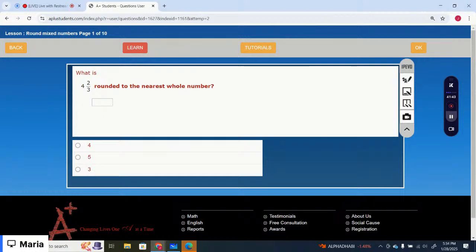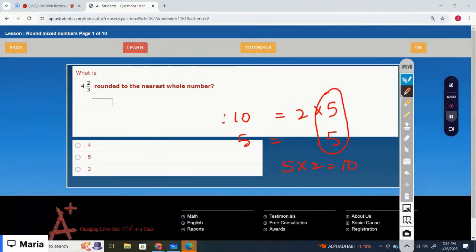4 whole 2 by 3 rounded to the nearest whole number. The fractional part is 2 over 3, right?